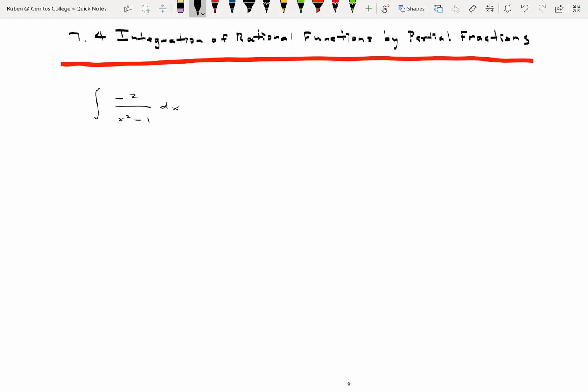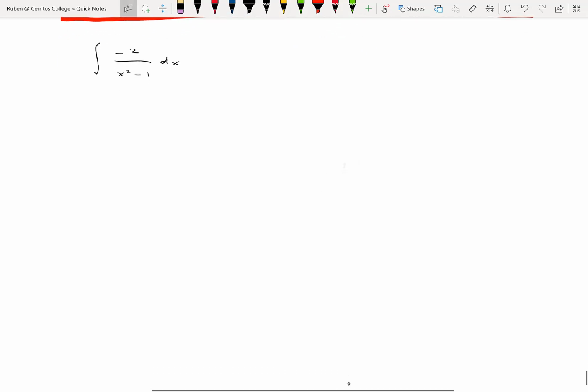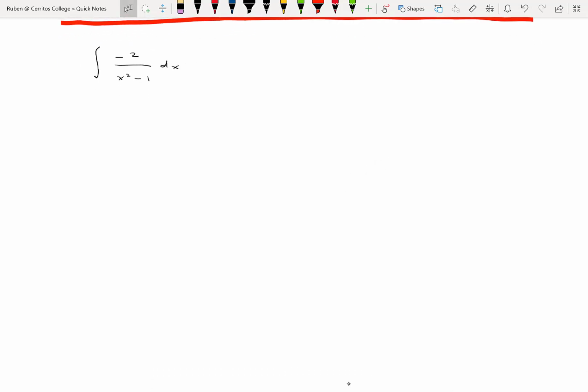Okay, now here's how the method goes. Suppose we knew, and what I'm going to write is actually true, that the function we were integrating was equal to 1 over x minus 1 minus 1 over x plus 1.